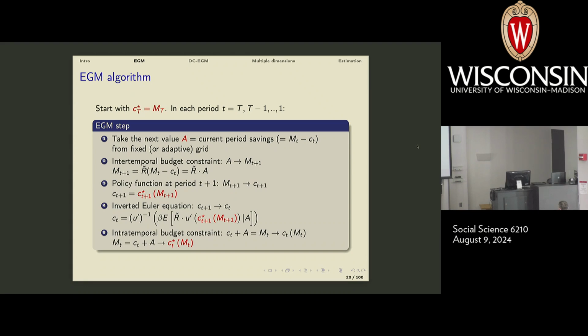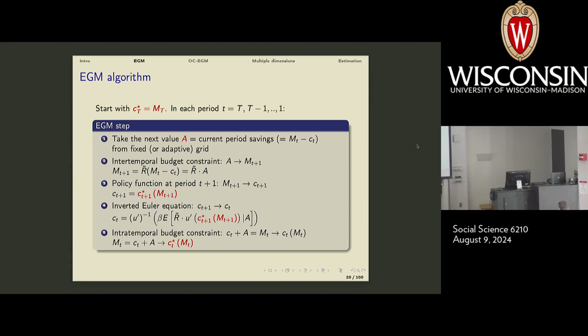It's going to be interpolated on some pairs of numbers. So for one A, I've recovered this C_t and this M_t. For one A, I recovered one pair of numbers. Now I go through many different A's, and I recover many different combinations of M_t and C_t, and then interpolate, and that's going to be my policy function in period t.